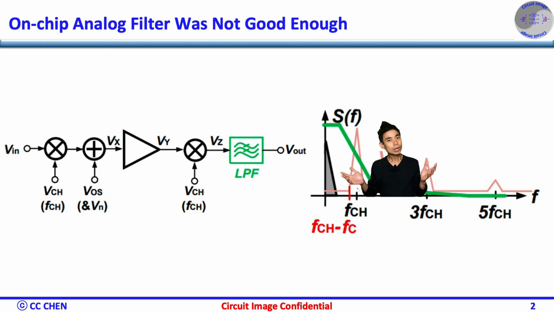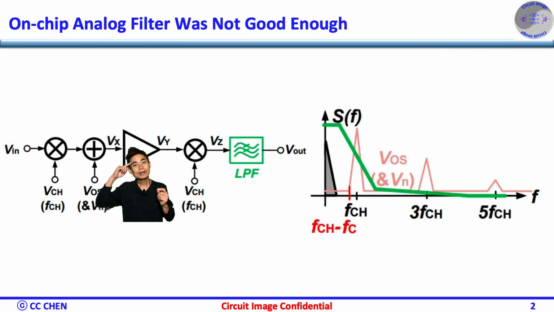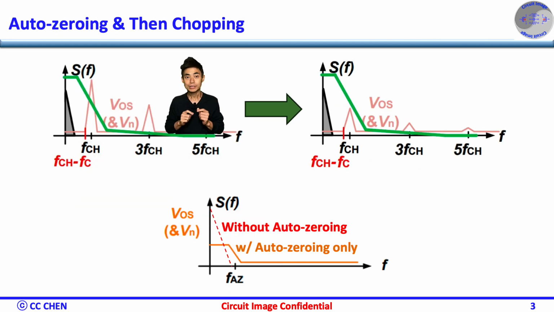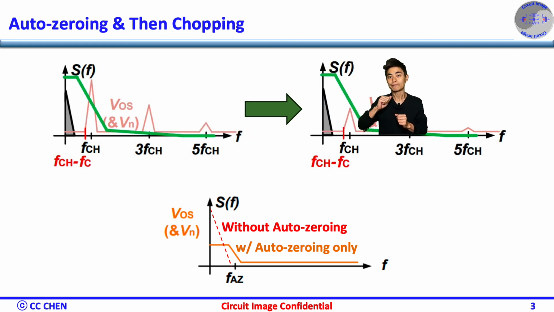Well, what can we do if we must tolerate such a poor analog filter? Think about a smaller initial offset before chopping for 5 seconds. Correct. If we can magically make the initial offset before chopping small enough, even though there is some offset inside the filter's bandwidth, the residual offset is going to be small.